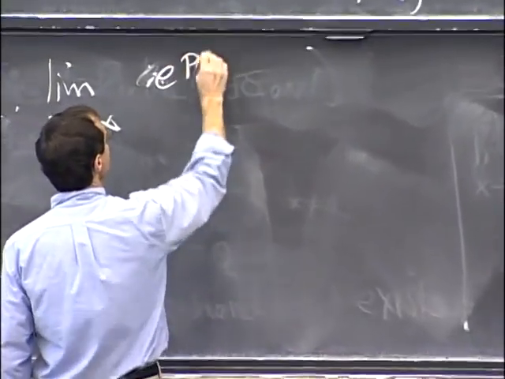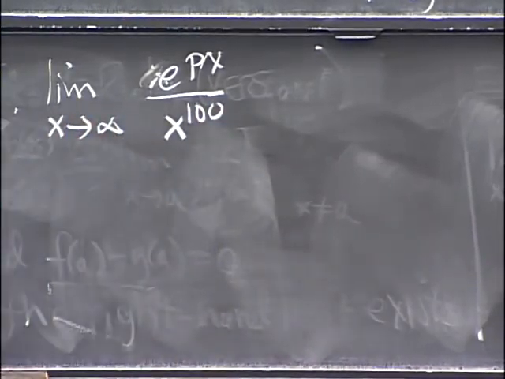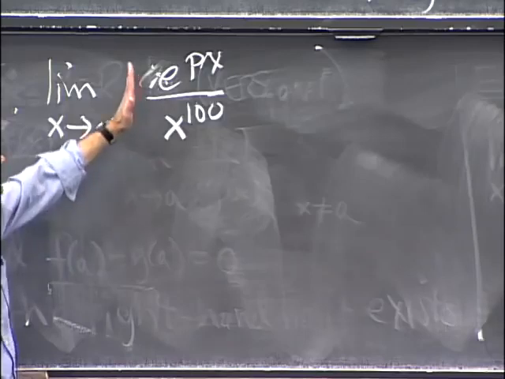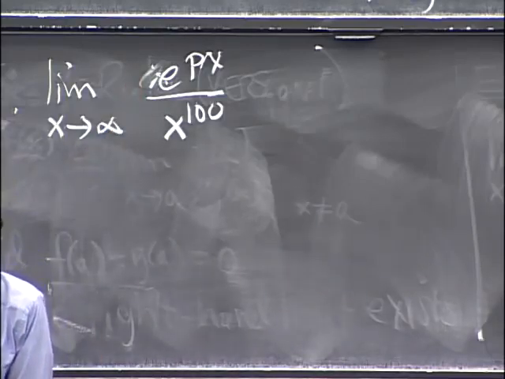E to the px divided by x to the 100 power. All right? Now, this is an infinity over infinity example again, and you can work out what it's doing.